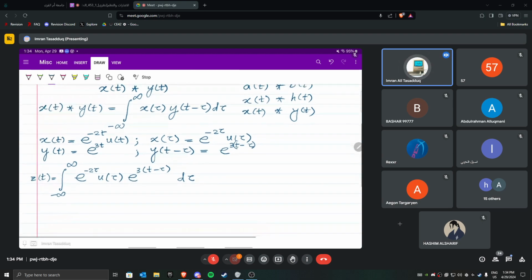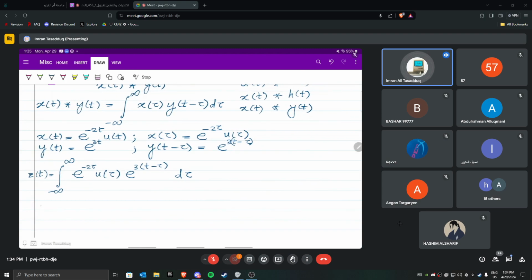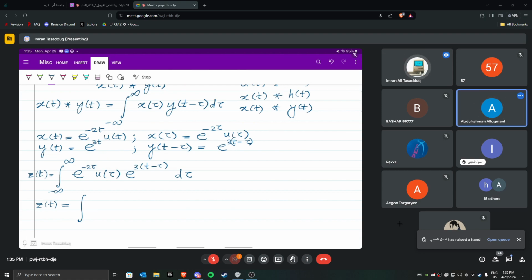Okay, so very carefully, first of all, tell me what should be the lower limit. It should be zero, right?